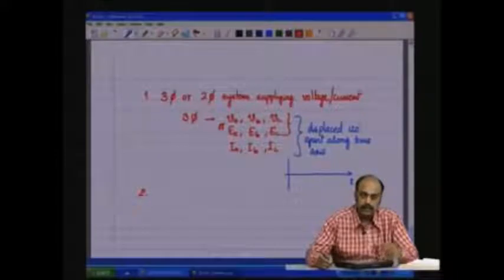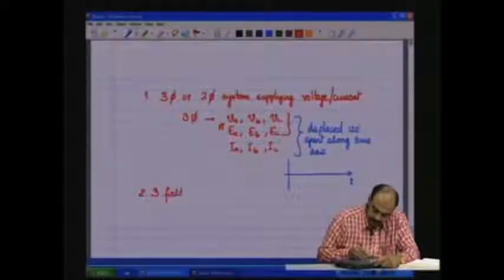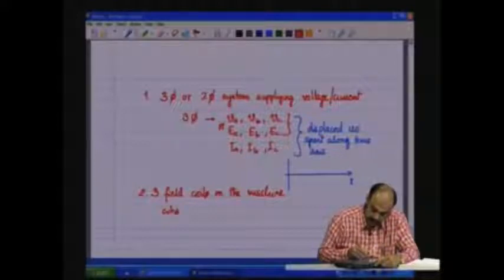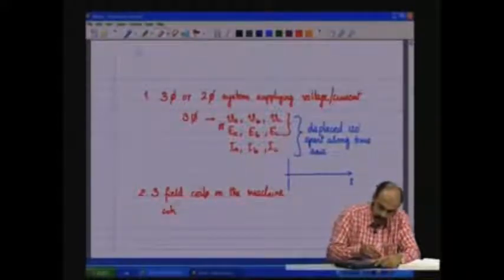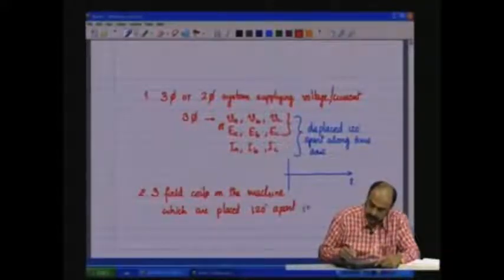There should be three field coils on the machine, which are placed 120 degrees apart in space.